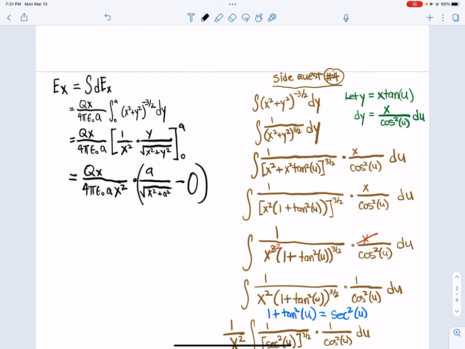Since that's 0, these a's would cancel out. This a will cancel out with this a, right? And this x will cancel out with the x squared on the bottom. So we will be left with q divided by 4 pi epsilon naught x. Oh wait, there's no x in the numerator, sorry.